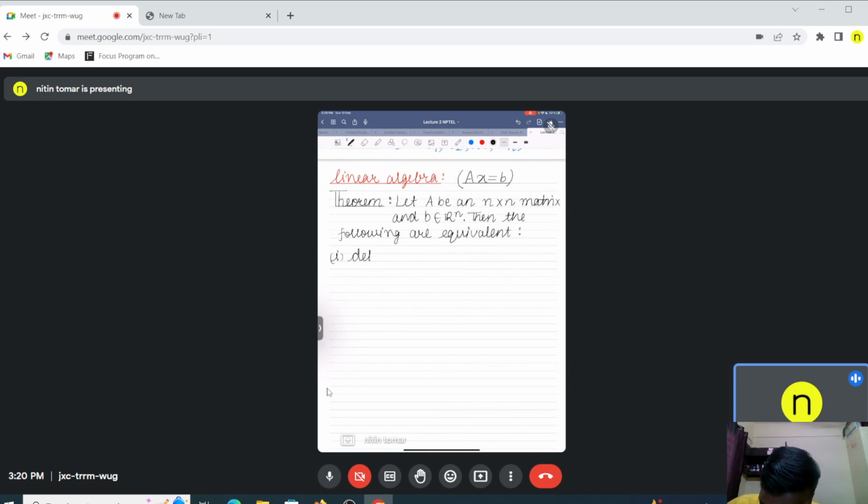Number one, determinant of A is not 0. Second, Ax equal to b has a unique solution x for every b in Rn.